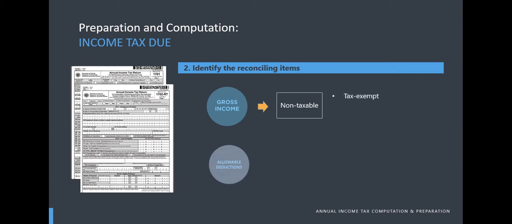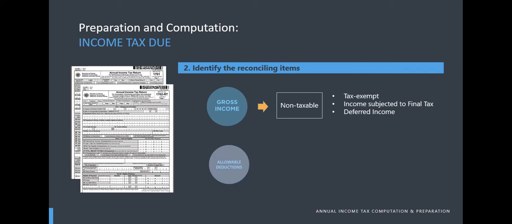It may be tax exempt, or income that may already be subjected to final tax, or it could be a deferred income. It may be non-taxable this year but taxable the following year or in the succeeding years. Or it could be non-taxable income that will never be taxed, even in the succeeding years.